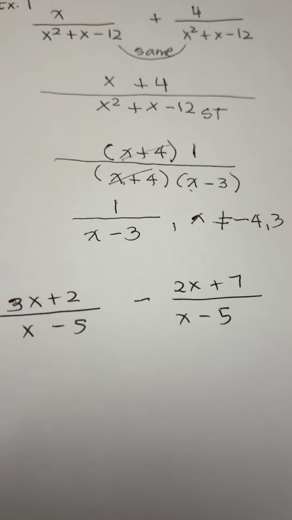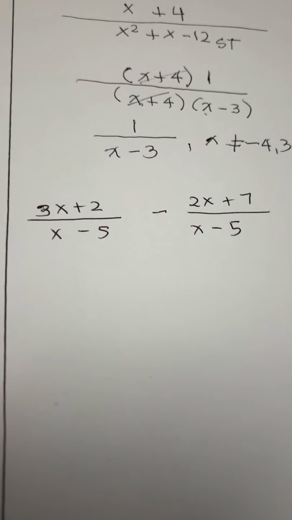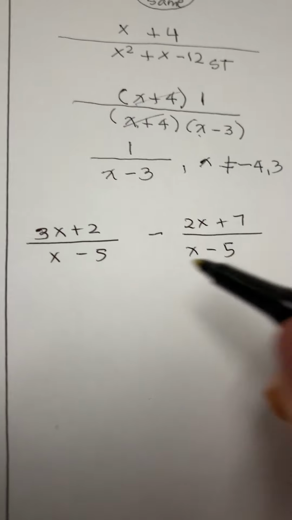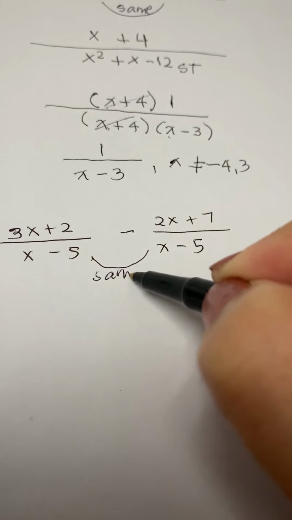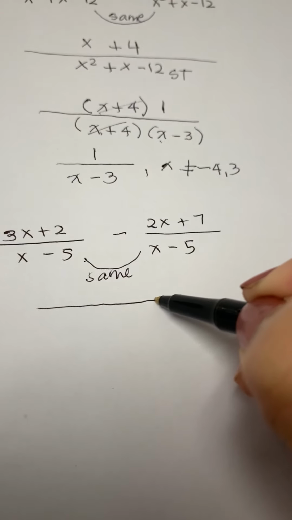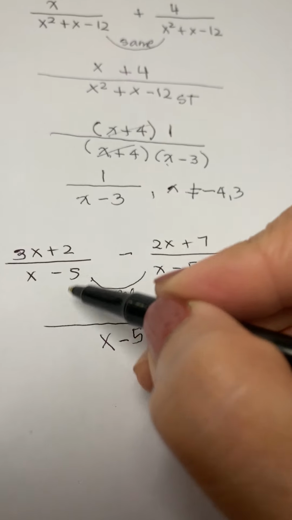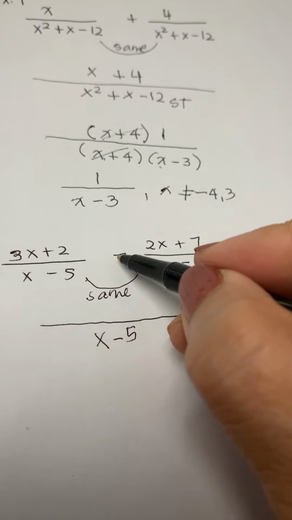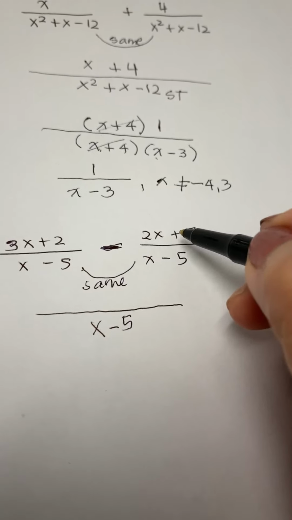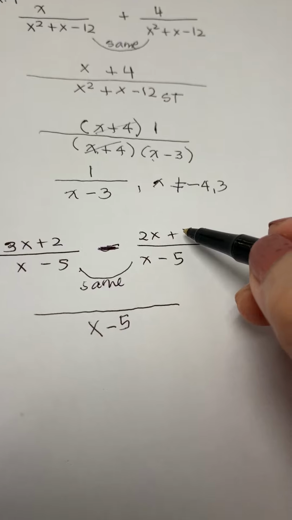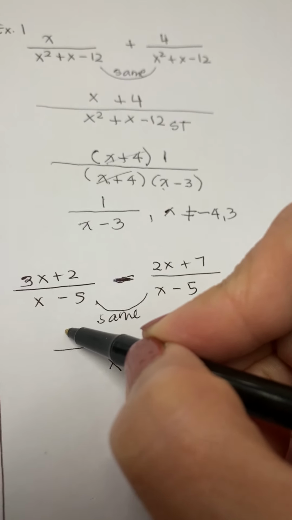Okay, another example here is this one. I hope, like I said, you pause the video and then you try to do this on your own. So again, they are the same denominator. So we just copy it in one bar, x minus 5. Then we combine this, but watch out for this minus here. This has to be distributed in both of these. Okay, that's very important. That's the common mistake of students.